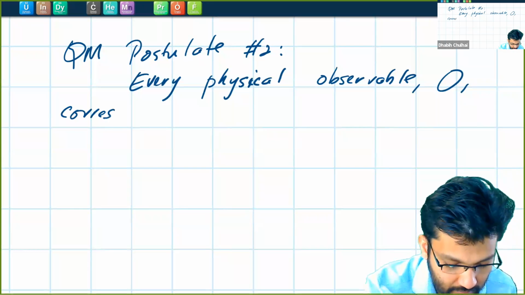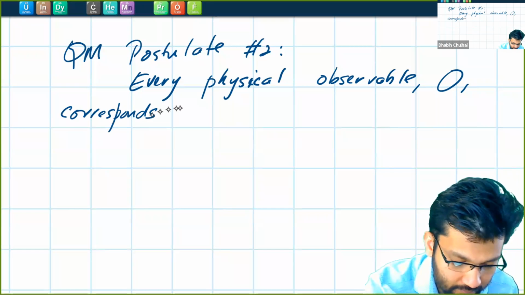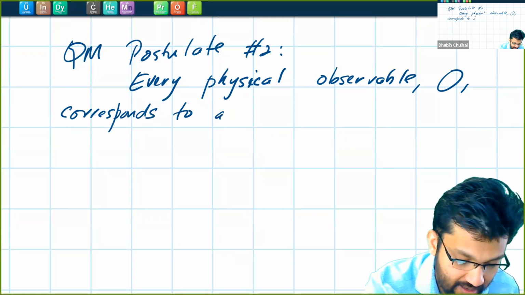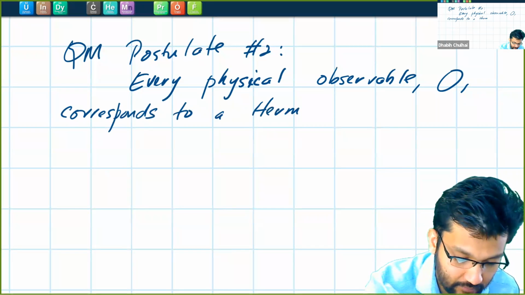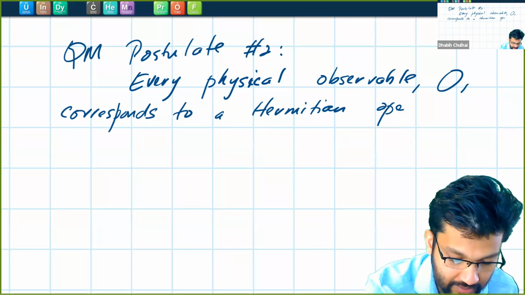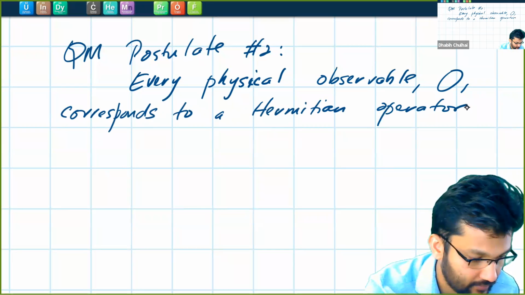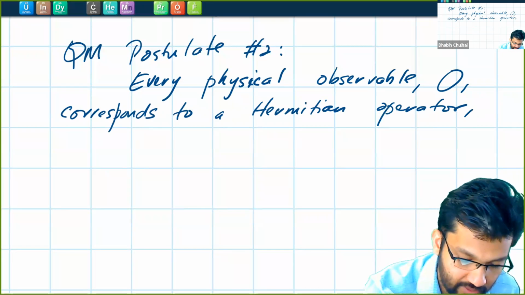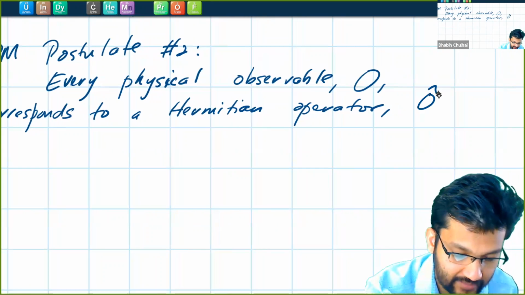Corresponds to a Hermitian operator, and I'll come back to what that means, and we'll give it the symbol O hat.